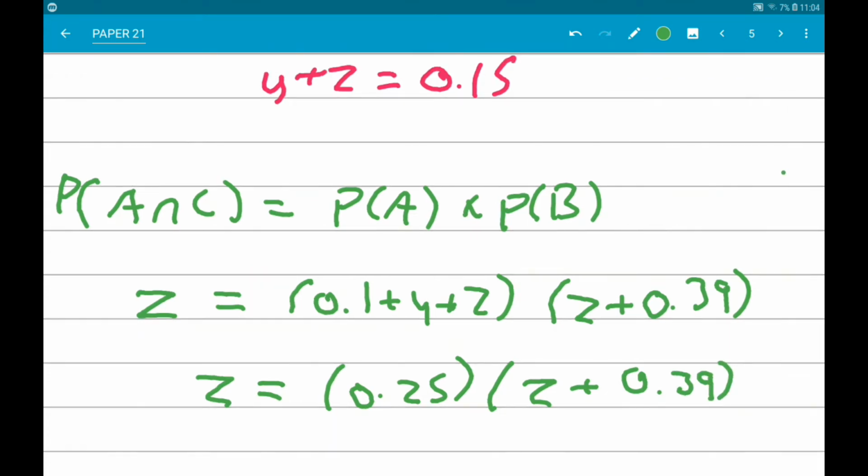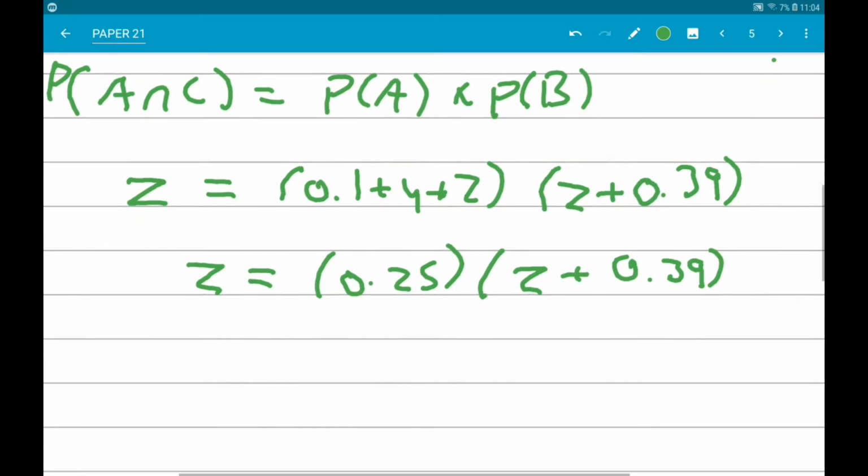Okay, so now we're going to expand on the right. So we get Z is 0.25Z add 0.0975.